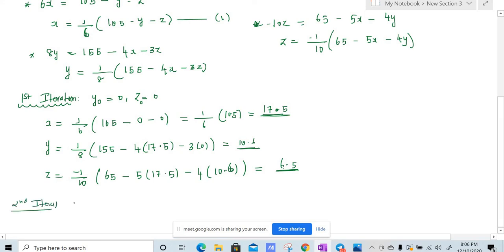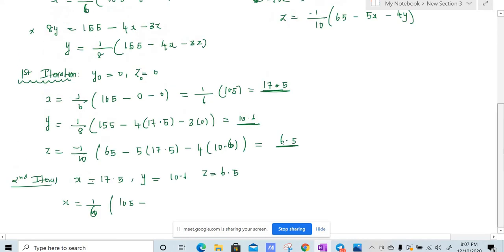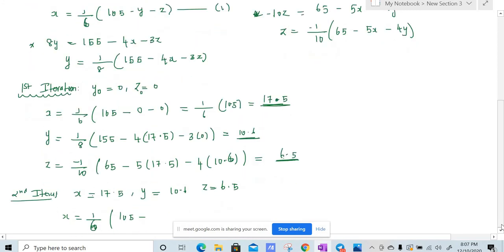For the second iteration our x is 17.5, y is 10.6 and z is 6.5. Again you need to use the latest values. Now what is x? x is 1 by 6 into 105 minus y minus z.